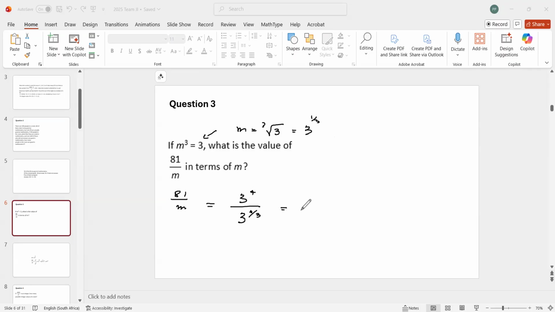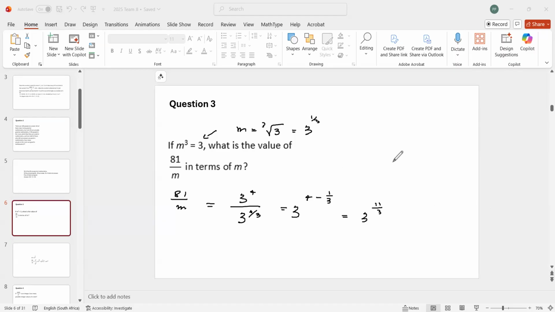So you got the same base, and then you have to subtract the exponents: 4 minus 1/3, and that gives you, 4 is 12 over 3, minus 1 over 3. So that's 11 over 3.